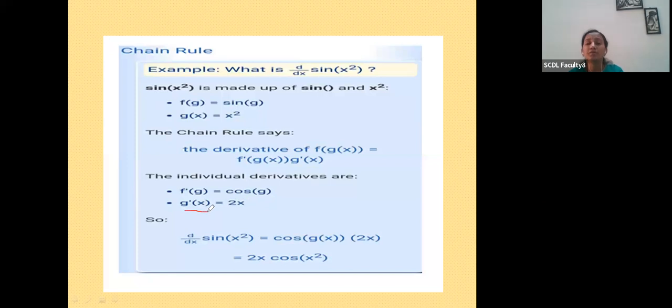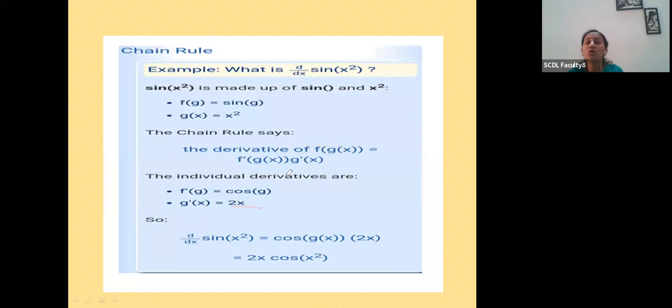Then g dash x. g dash x is the derivative of x square. X square means n x raised to n minus 1, so 2x raised to 2 minus 1, that is 2x.